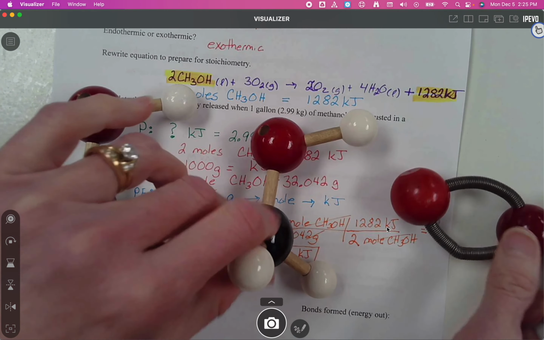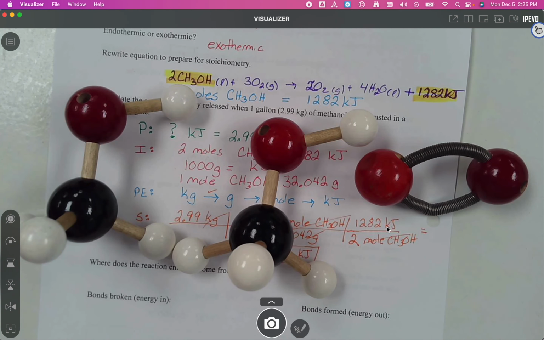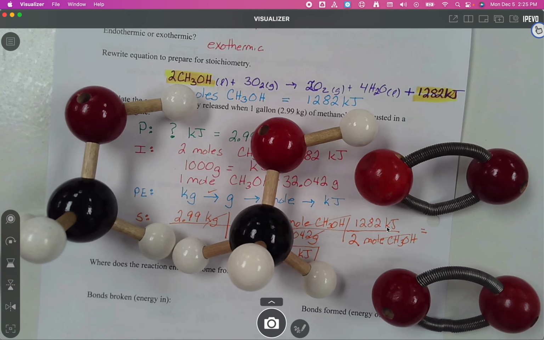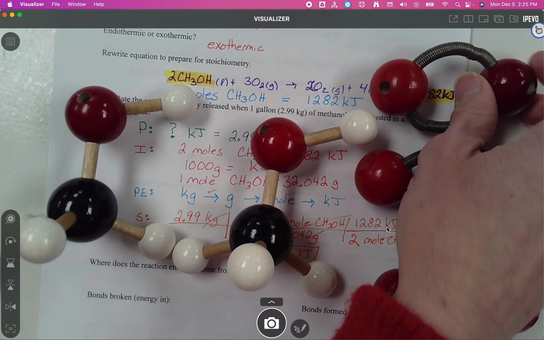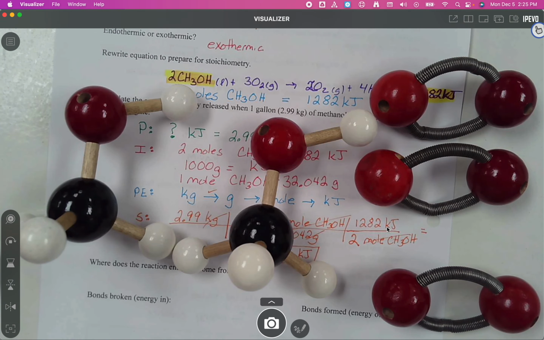So my oxygens have to look like this. Here, I need another red. Need 2 more reds?